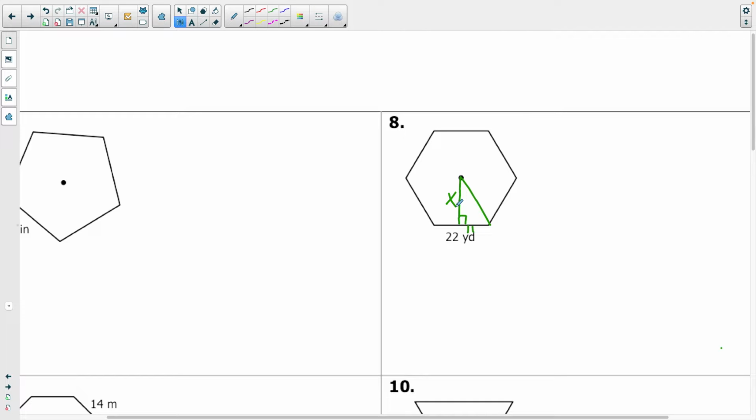If you think your apothem is correct and you want to keep going and find the area, that's fine.